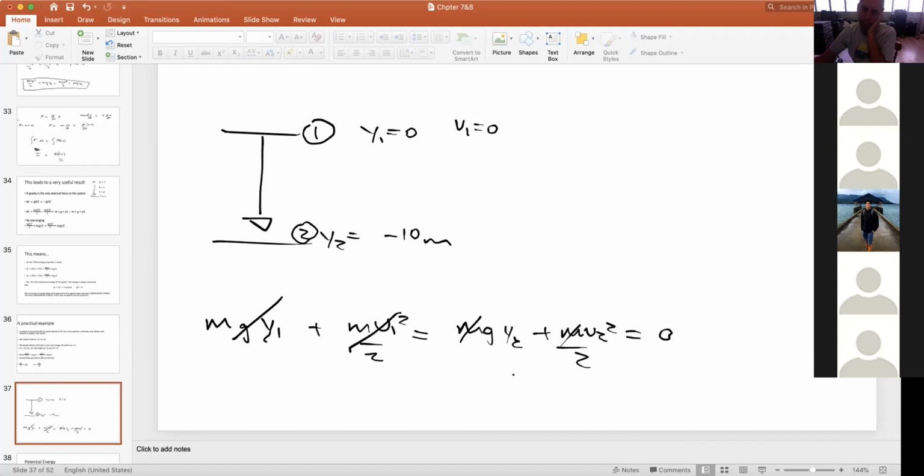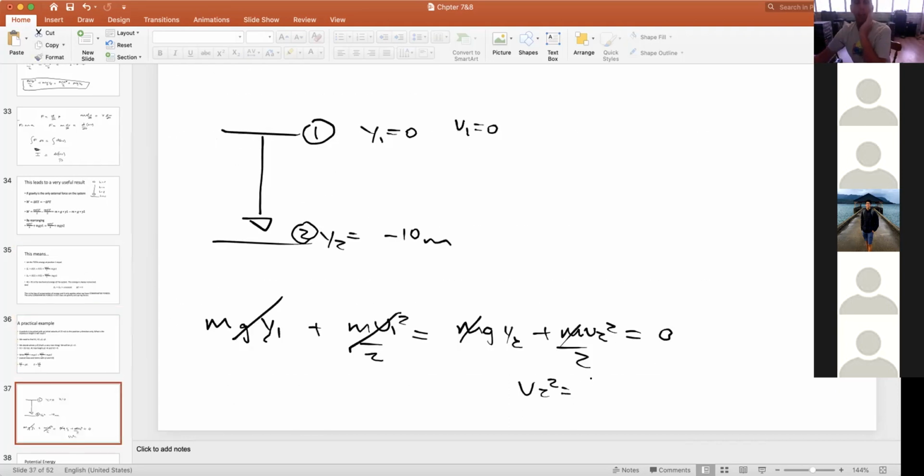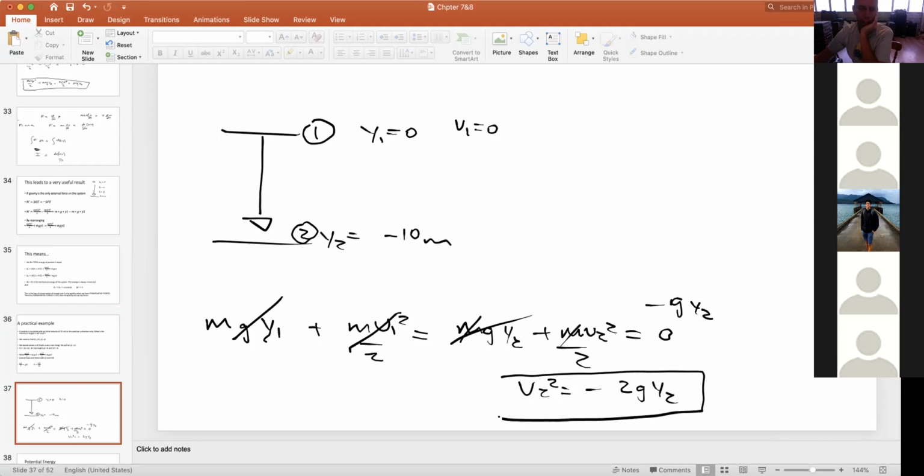I can cancel the masses. And what I get is that v2 squared is negative 2gy2. All I did was move this over so this becomes negative gy2, and then I multiplied through by 2. So I get this. And notice that v2 is the square root of 2 times g times negative 10.